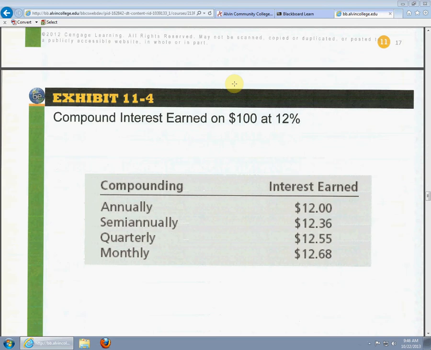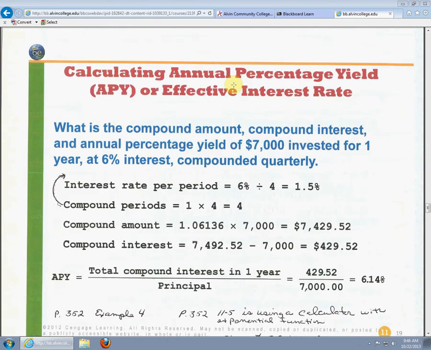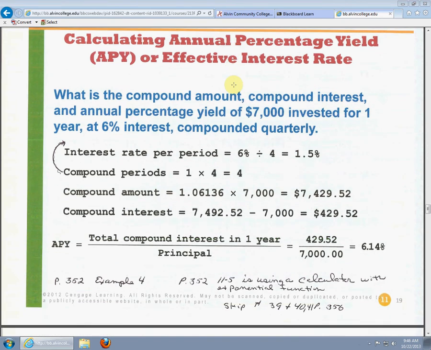So let's look at a problem where we're figuring the APY. We need to find the compound amount and compound interest and annual percentage yield of $7,000 invested for 1 year at 6% interest compounded quarterly.